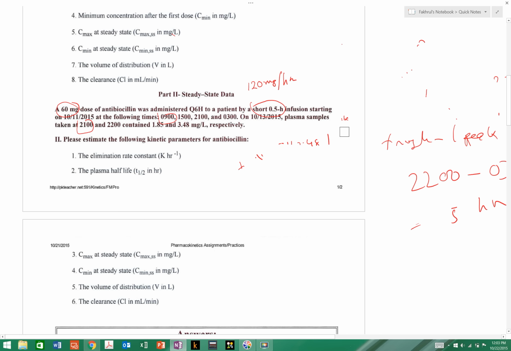So now you do the calculation. It is the same calculation. K is equal to ln of C peak divided by C trough, divided by T trough minus T peak.